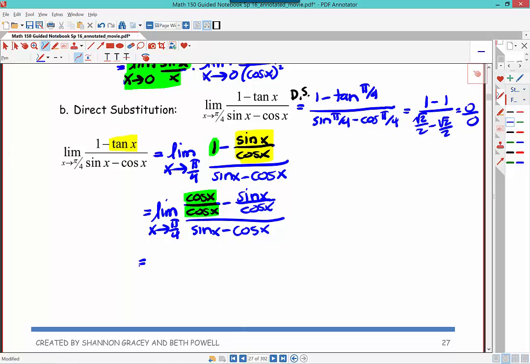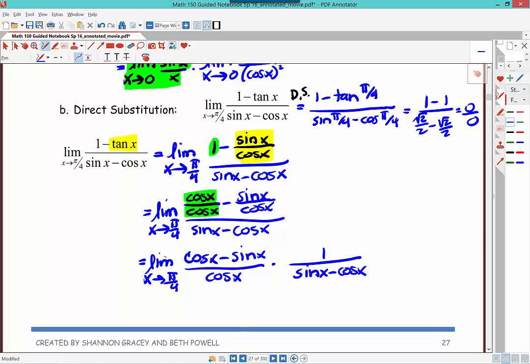So now this will give me the limit as x approaches pi over 4 of cosine at x minus sine at x divided by cosine at x, and I'm going to multiply this expression by 1 over sine at x minus cosine at x.